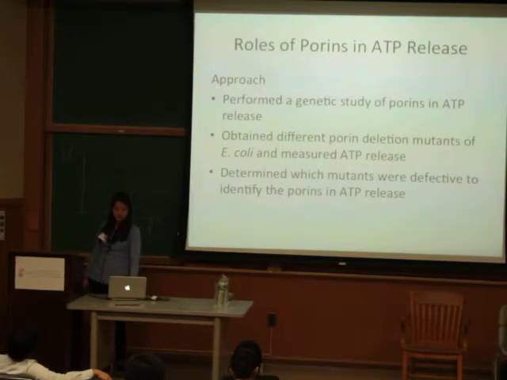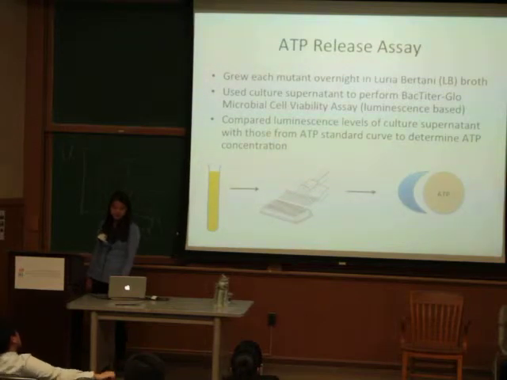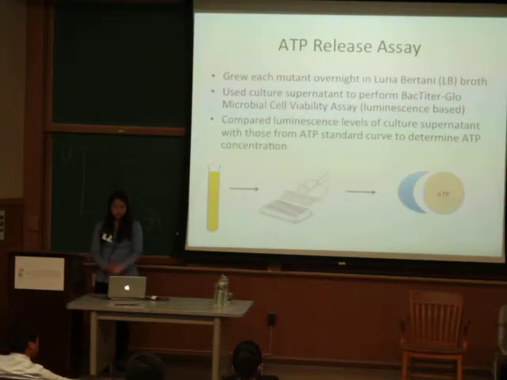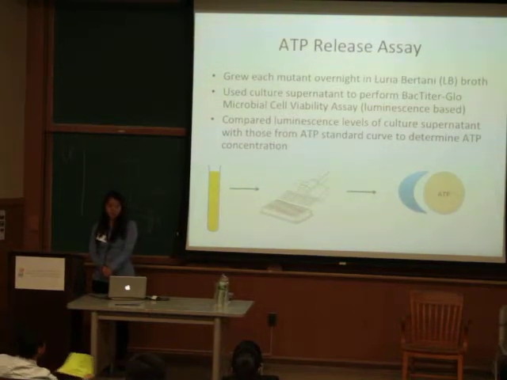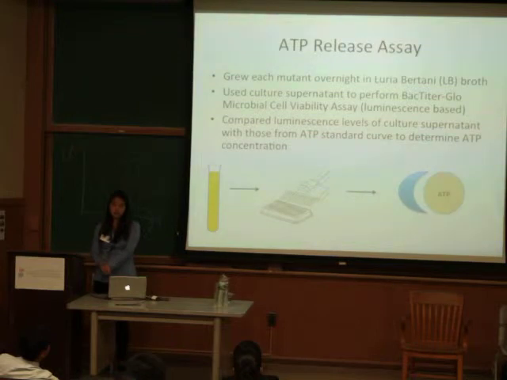So here's the ATP release assay, and here's how we did it. We grew each mutant overnight in Luria-Bertani broth, which is just a nutrient-rich medium that allows bacteria to grow more efficiently. Then at 3, 6, and 9 hours, I performed an assay called BacTiter-Glo Microbial Cell Viability Assay.